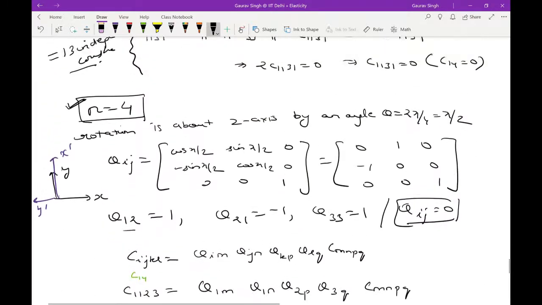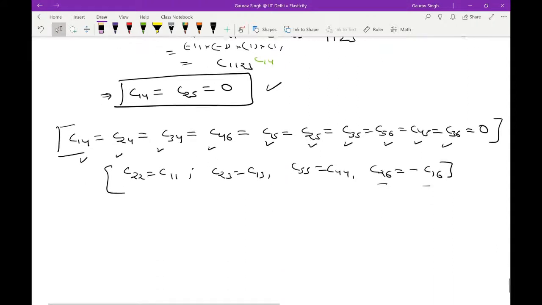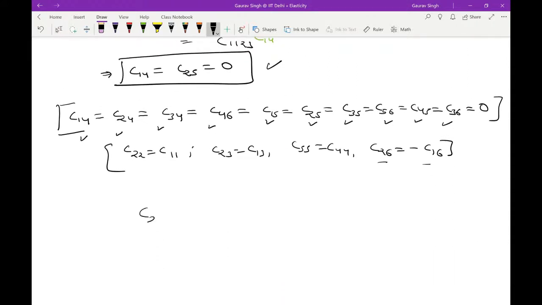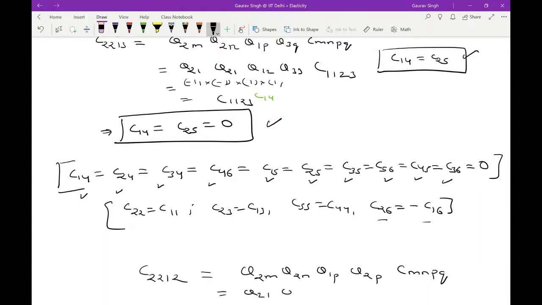So let's see what C26 is. C26 is 2212. So I will write it as C2212, and this is equal to Q2M Q2N Q1P Q2Q CMNPQ. Again, this has to be Q21, Q21, Q12, and Q21, and this is C1121.